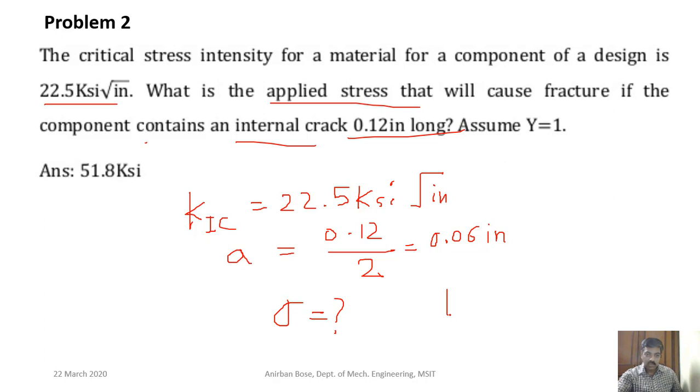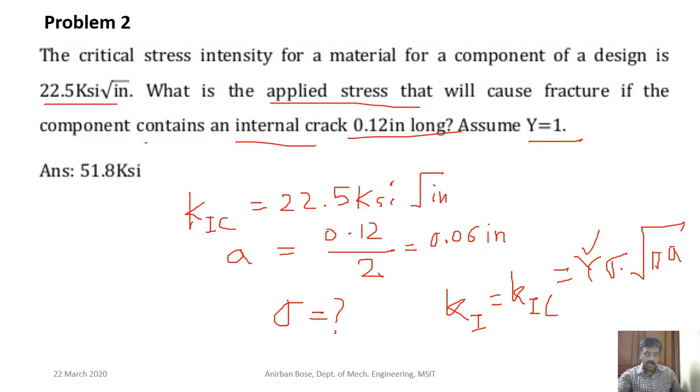So use the same formula, because in this case K1 is equal to K1C, since it is propagating at that value. That is Y sigma √πA. Y, you just take 1. Sigma is what you have to find out, K1C you already know, and A you know, so you can find the value of sigma.